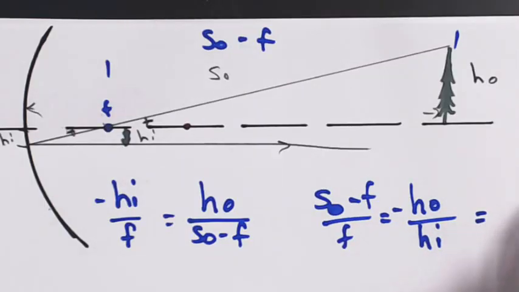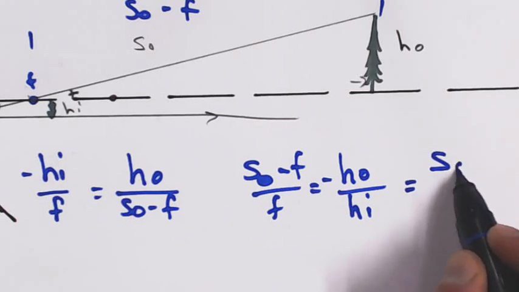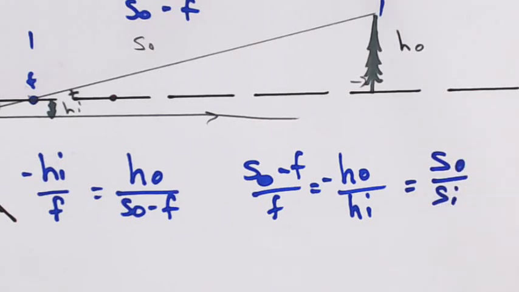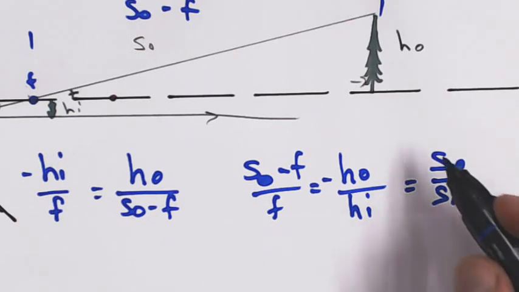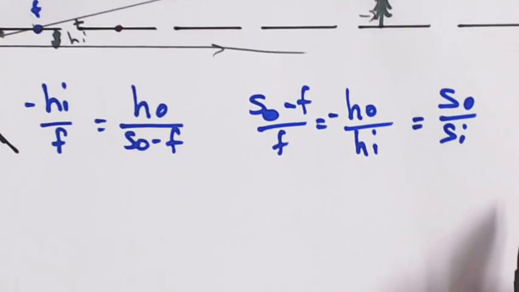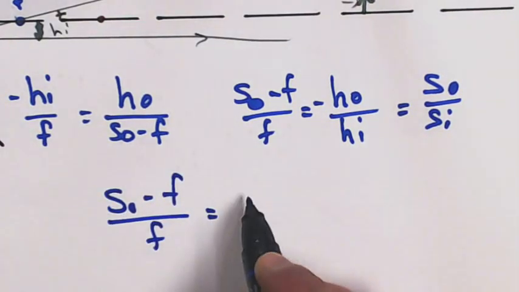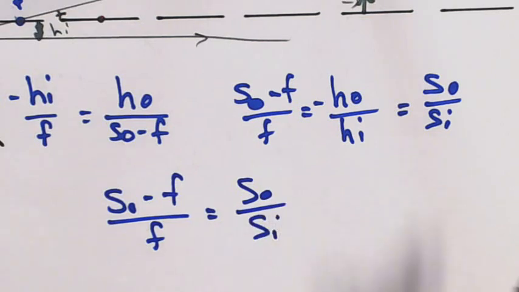So this equals the distance to the object divided by the distance to the image. Now, what are we going to end up with? So SO minus F over F equals SO over SI.